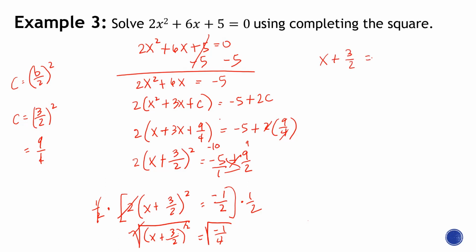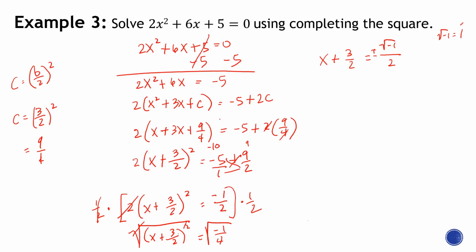Now the square root of negative 1 is imaginary, it's i, right? But I will write here square root of negative 1 over positive 2. There you go. Let me just remind you that the square root of negative 1 is equal to i.